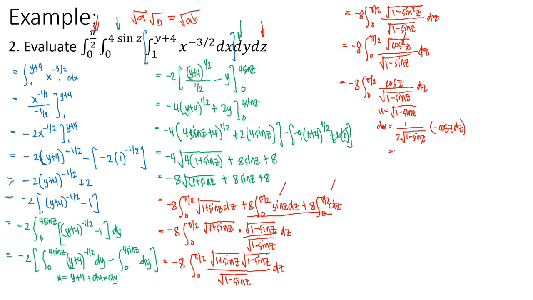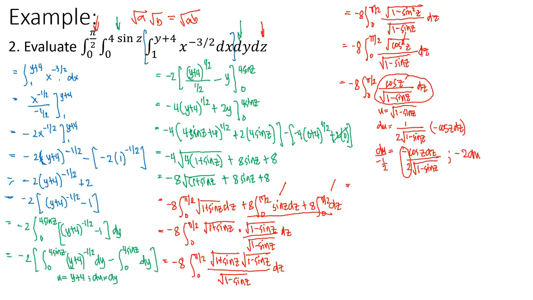So if we simplify, we have negative cos z dz all over 2 square root of 1 minus sine z. As you can observe, we have only cos z over square root of 1 minus sine z, so we do not have negative 1/2. So we have to divide du by negative 1/2, which gives us negative 2 du.